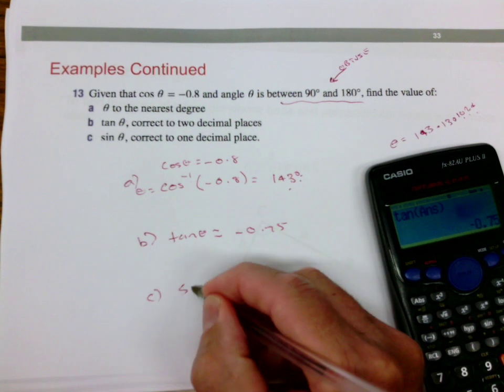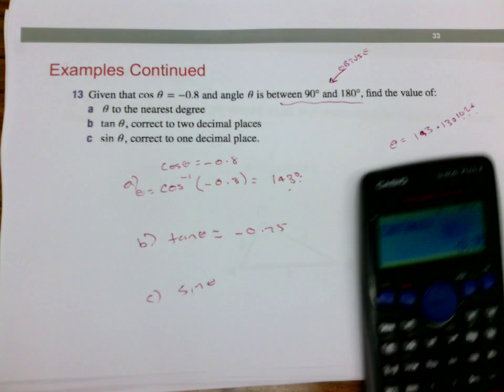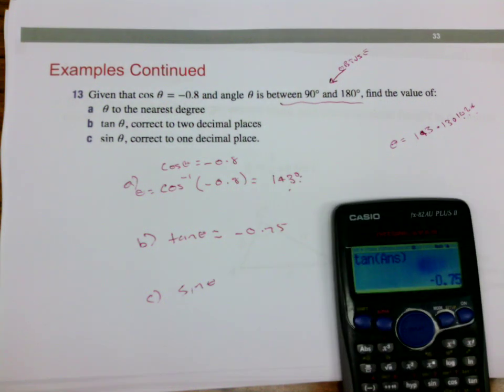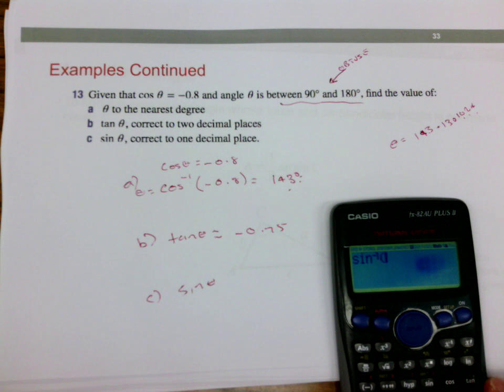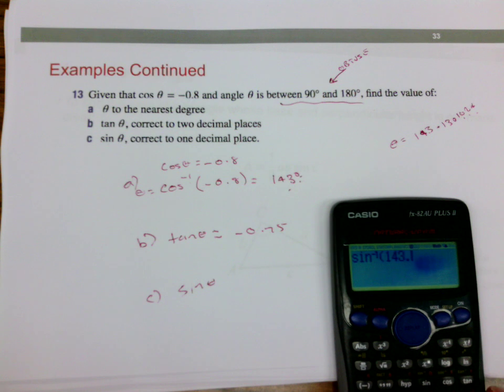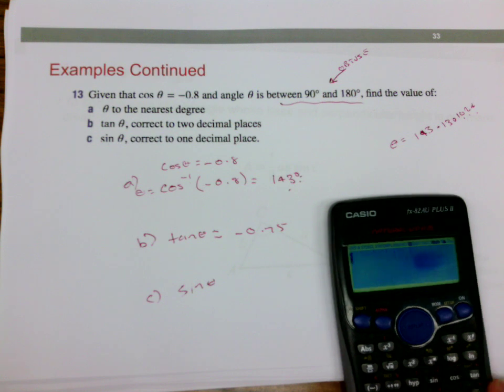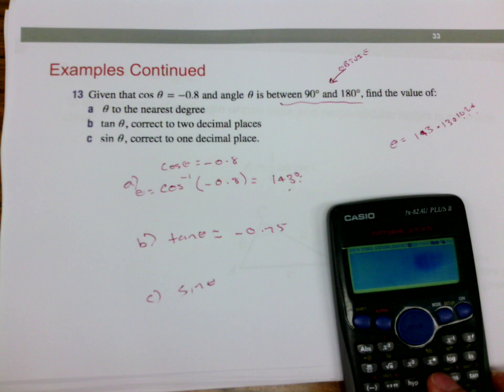If I want sine theta, here I've really got to enter the number again. So it's going to be shift sine, oh sorry, not shift sine, breaking my rule. I'm not finding an angle, I'm just finding the ratio.